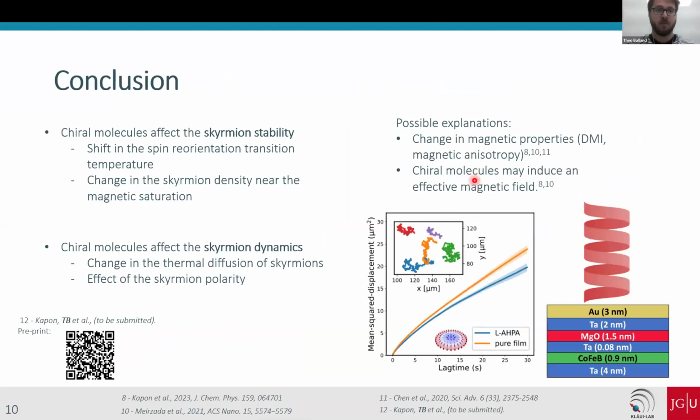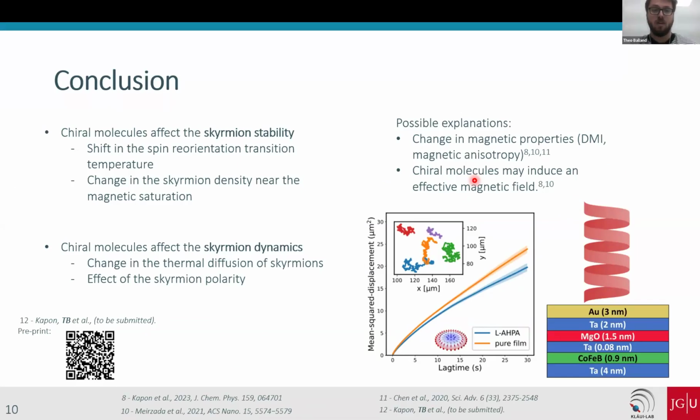And so finally, to conclude, the chiral molecules affect Skyrmion stability and Skyrmion dynamics. For the stability, they shift the spin orientation transition temperature, and they also affect the Skyrmion density near the magnetic saturation, suggesting some change in the range of stability for the applied magnetic field.